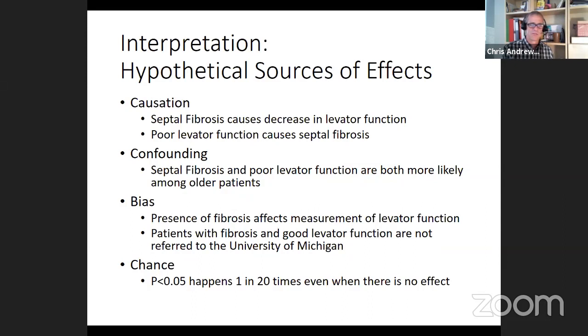And that may cause a difference in the measurement, so that it really isn't measuring levator function properly. It may be that certain patients are selected to be in our study and others are not. And if that selection is related to both our variables, that can cause an effect to appear when there isn't really one. And of course, chance may be the source of the effect.